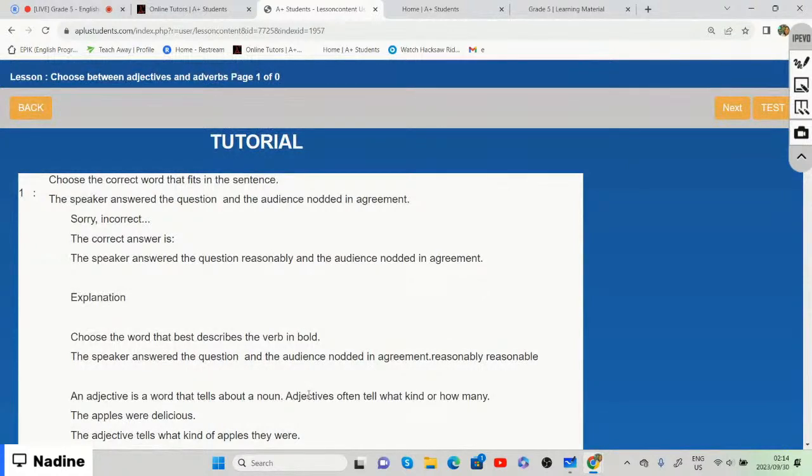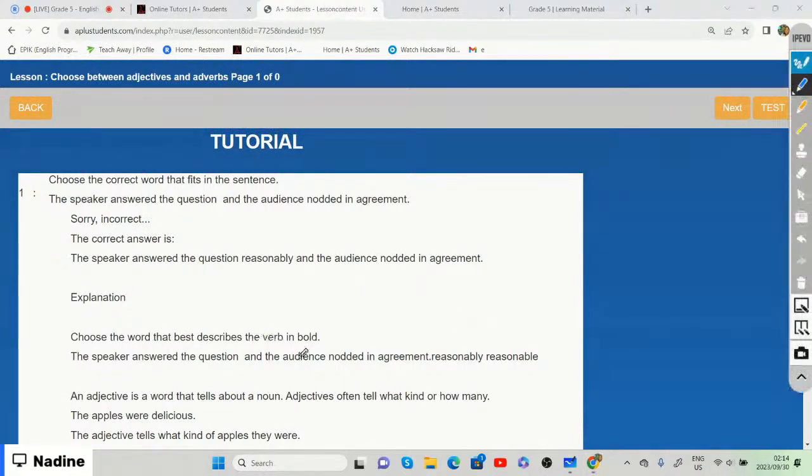All right, so if we're describing the verb, then we can say that the speaker answered the question reasonably. So reasonably is our adverb.